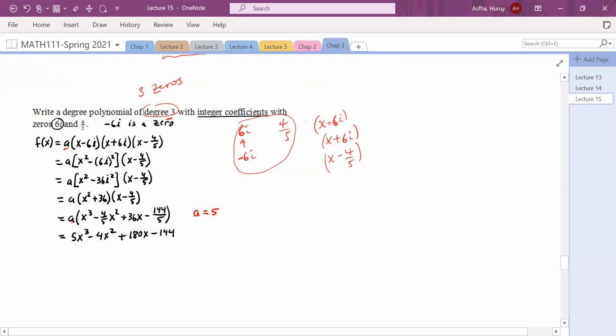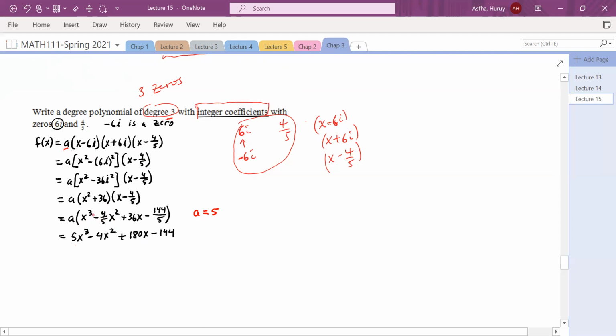So we can take a to be 5. The reason why we take a as 5 is just to make it easy, for simplification, so that we can cancel the 5 out. We have 5 as a denominator, and we want to remove that. The reason is because it has to have integer coefficients.